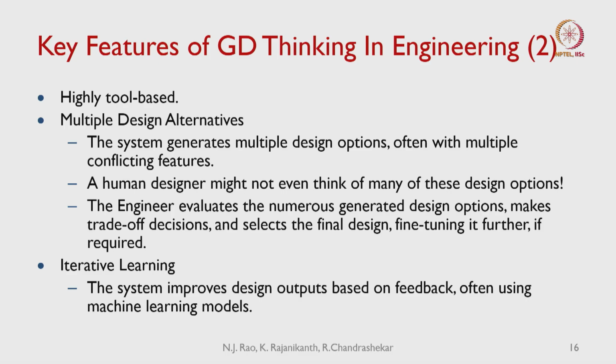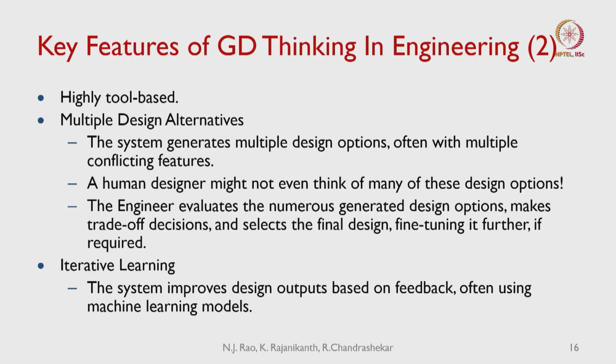There are so many out of the box, innovative solutions that the ML models can produce, solutions which might not have been thought of even by human designers. So, quite many surprises are possible when machine learning models are used to generate the solutions.